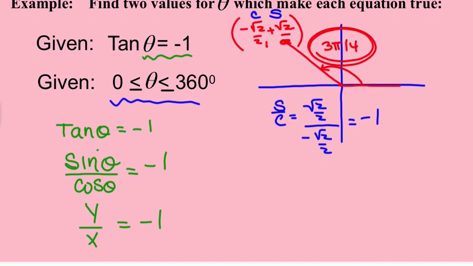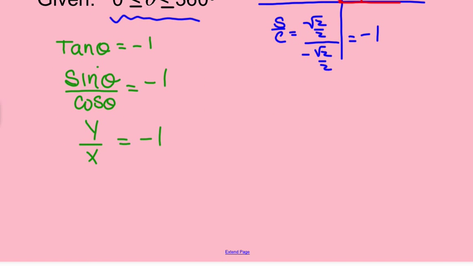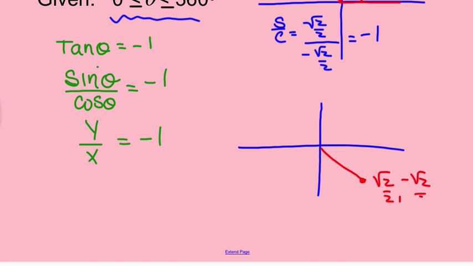All right, we have to find one more. Draw 4 quadrants again. I'm looking for y over x. So I'm down here in quadrant 4. Ordered pair is square root of 2/2, negative square root of 2/2. This is your cosine and your sine. When you divide those two numbers, you're going to get negative 1.